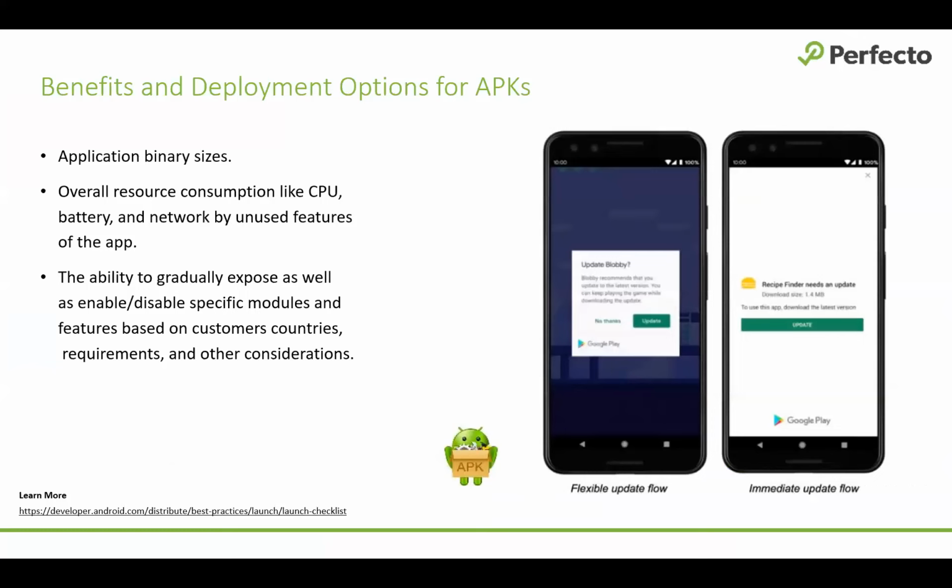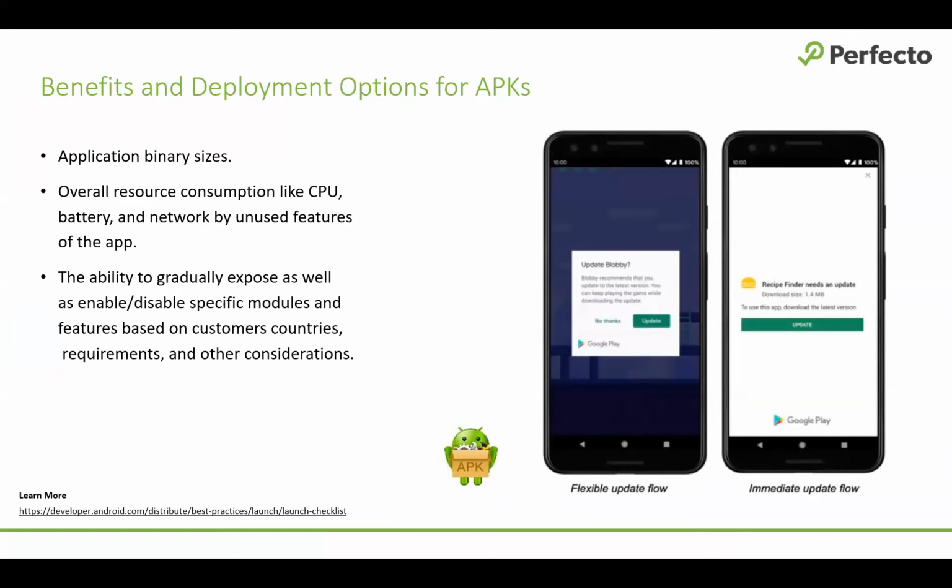Obviously, when you talk about APKs, you need to understand what the benefits are. When you're talking about smaller binaries, you are dealing with a smaller application binary size, which consumes fewer resources from your device and allows developers to deploy the application to the end user or to specific devices on demand.